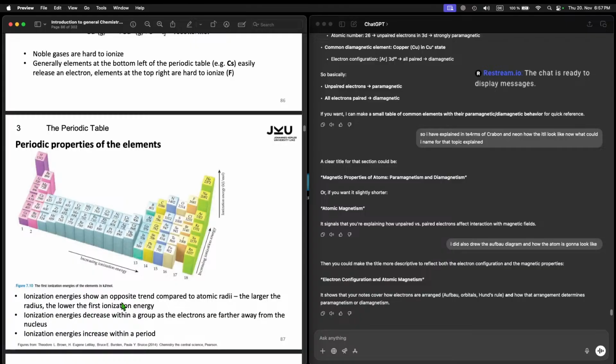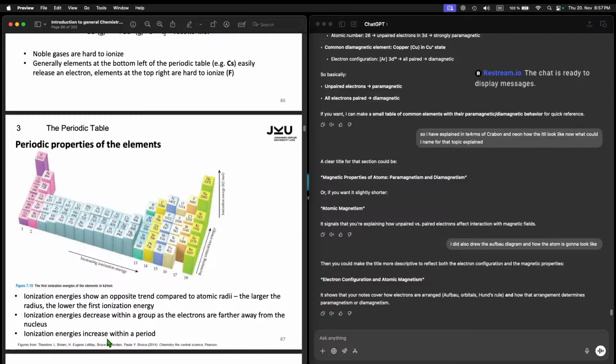Ionization energies show an opposite trend compared to the atomic radii. The larger the radius, the lower the first ionization energy. Ionization energies decrease within a group as the electrons are farther away from the nucleus.